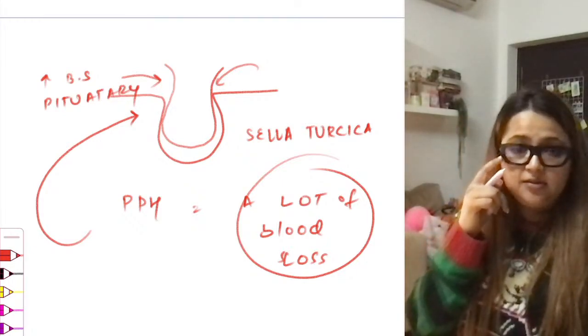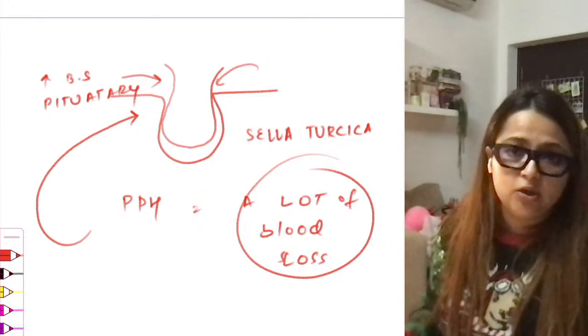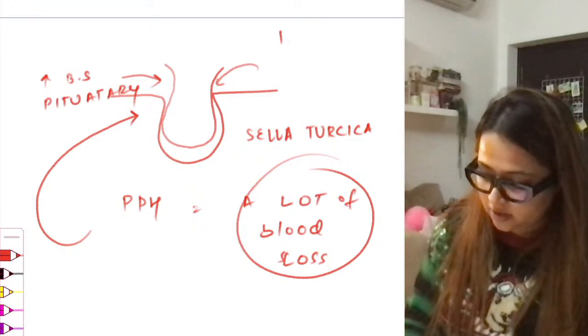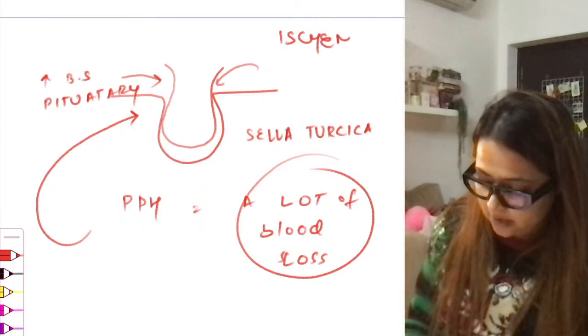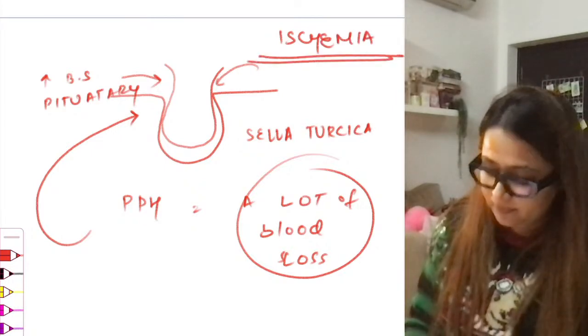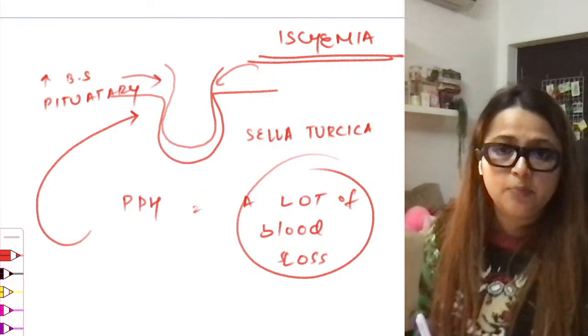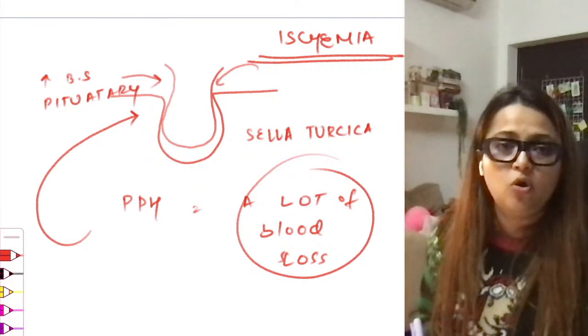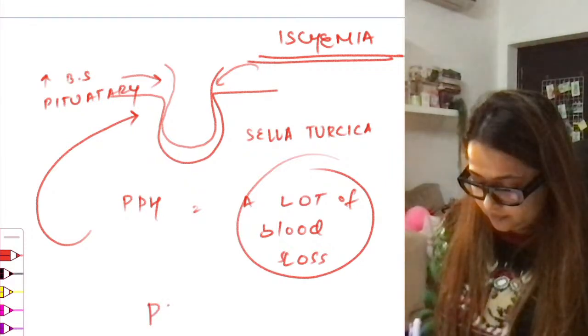So what would happen here is that the pituitary will have reduced blood supply, that is known as ischemia. Ischemia means reduced blood supply. So there will be postpartum ischemia of the pituitary.